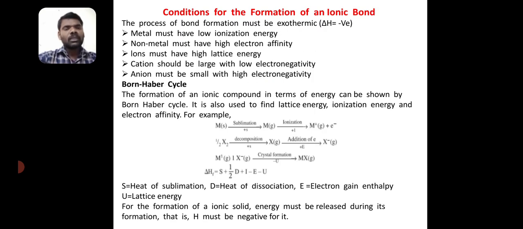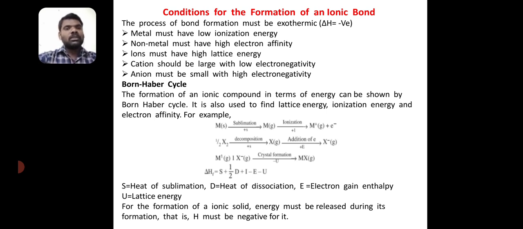What are the conditions for the formation of an ionic bond? The process of bond formation must be exothermic. When the bond is formed, energy is released, so the enthalpy change, delta H, is negative.